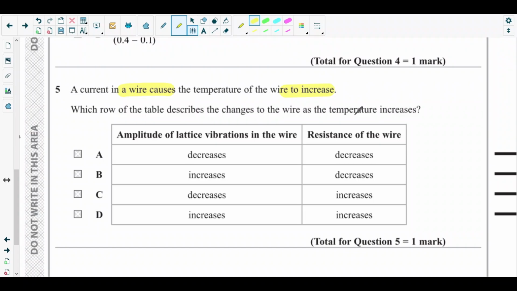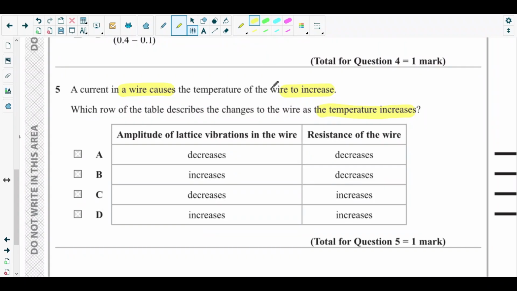Okay, for what reason does the temperature increase? Lattice vibrations and resistance. If the temperature of the wire is increased, then the lattice vibrations will increase and the resistance will also increase, right?